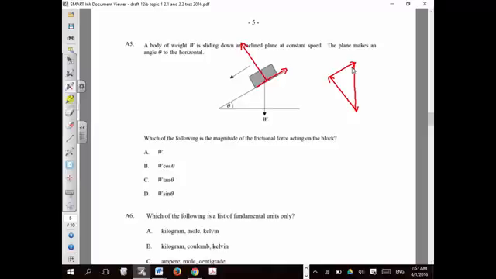We know that this angle here is theta, and that's because if we tilt the plane by an angle theta, then the normal force will also have been tilted by an angle theta from the vertical. We also know that this is W, and we want to work out the size of the frictional force, which is this one. And so the frictional force in this situation has got to be equal to W times, well, F is the opposite side, right? So it's got to be sine theta.